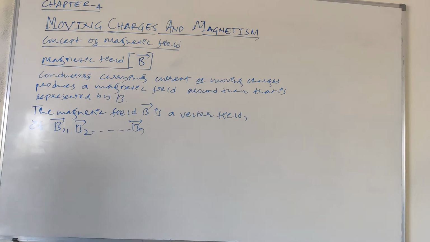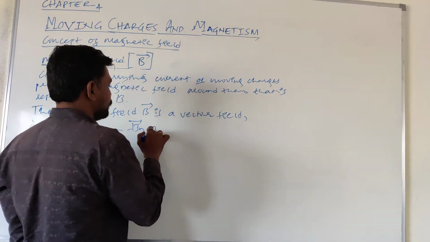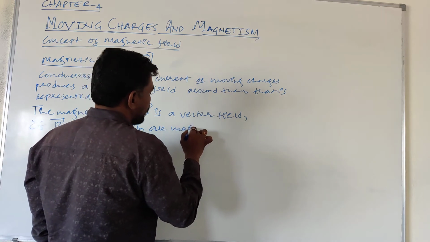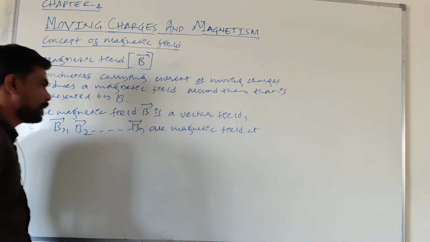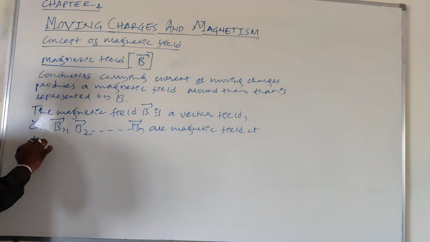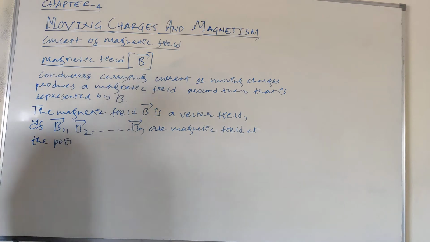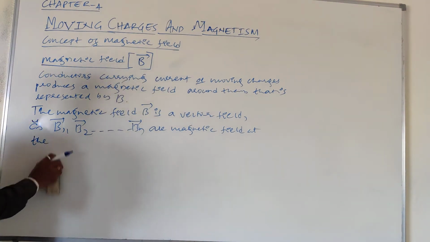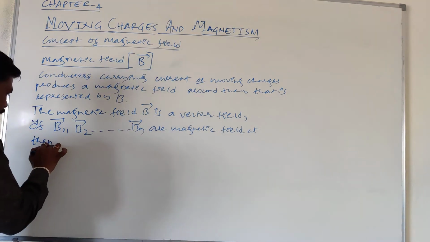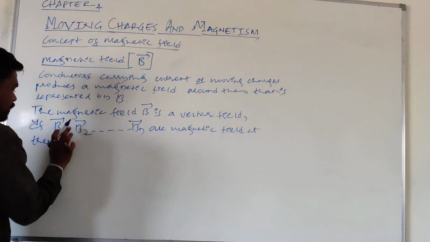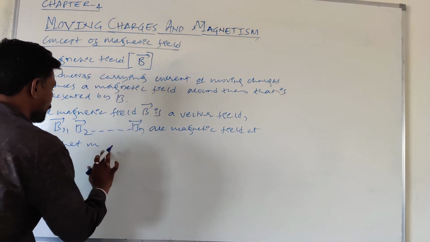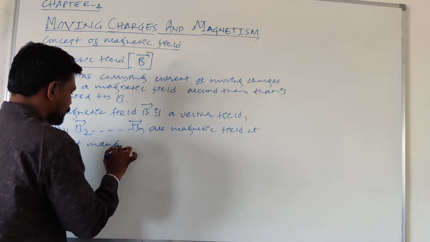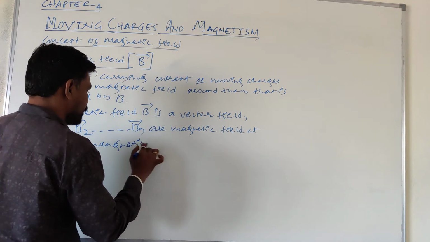These are the magnetic fields at the point. Then the net magnetic field, net magnetic field.